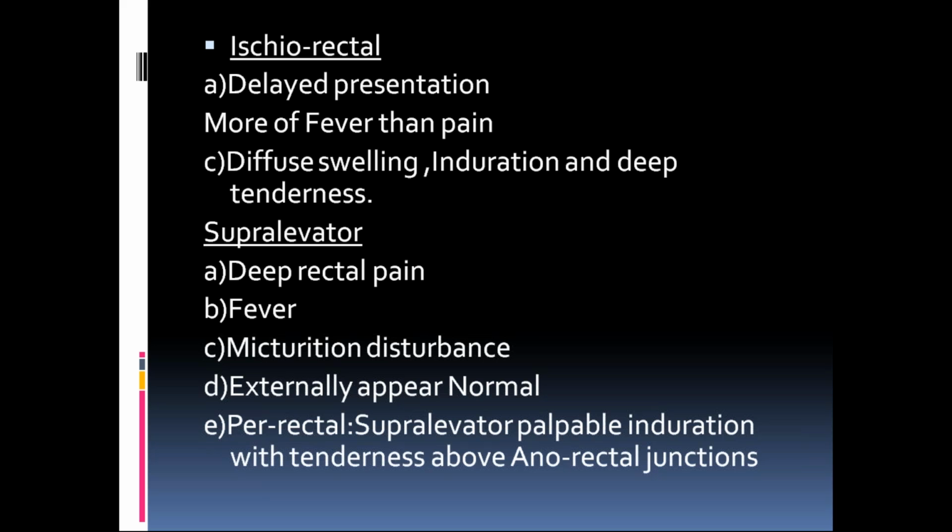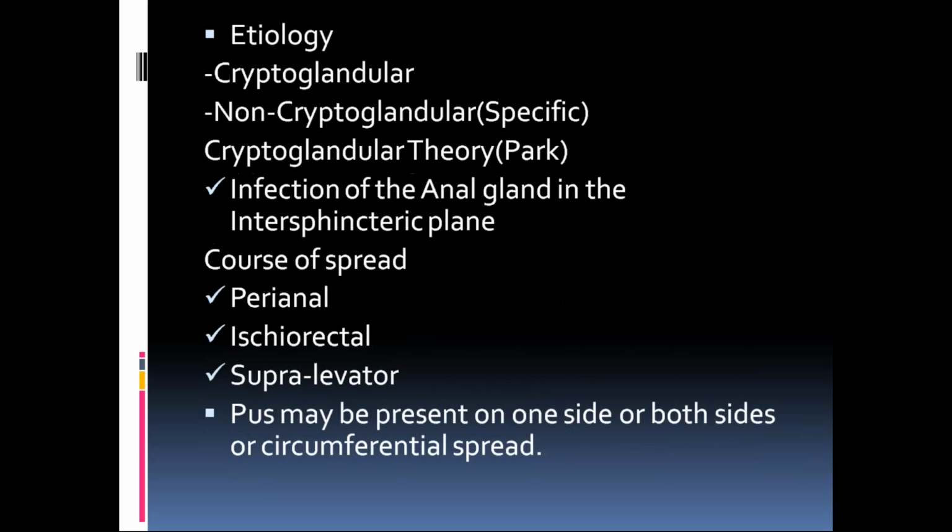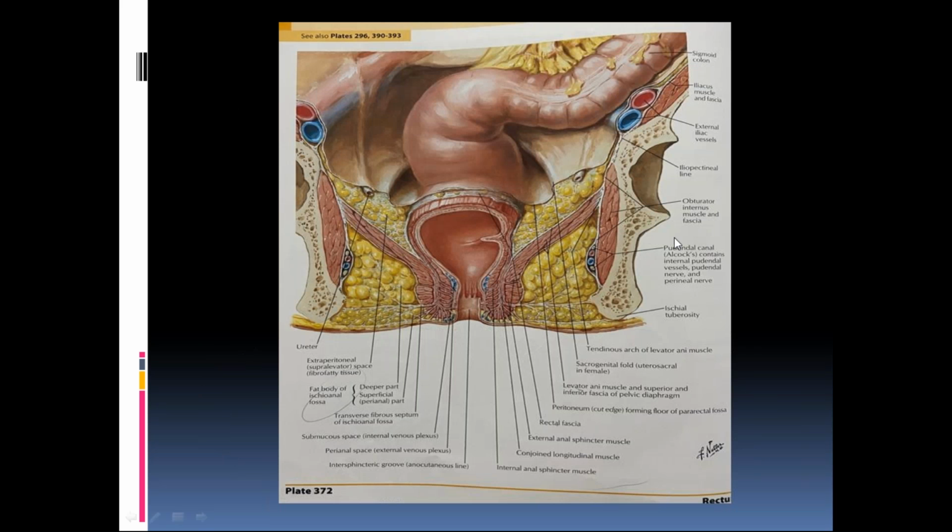So how does the patient with an ischiorectal abscess present? If the patient comes with an ischiorectal abscess, he will just have a deep pain. He will have pain, but it is not more when compared to the perianal abscess. There is a reason. In a perianal abscess there is a lot of tissue tension, because there are multiple septa here.